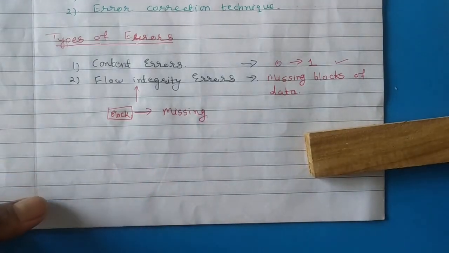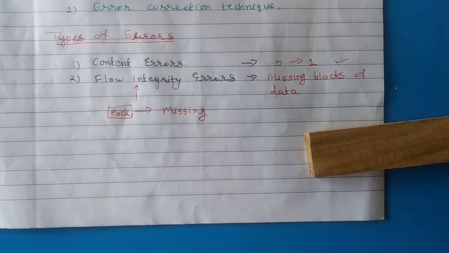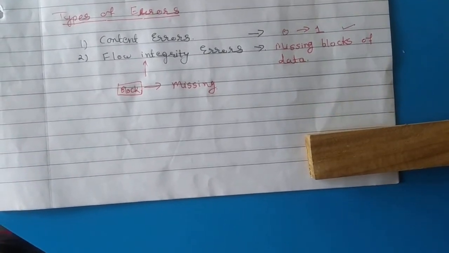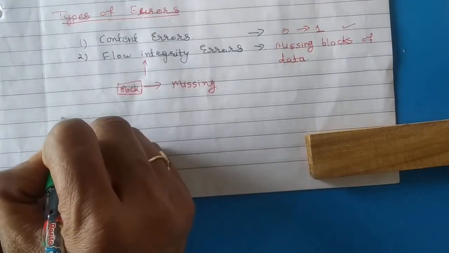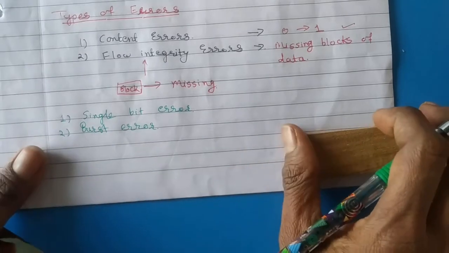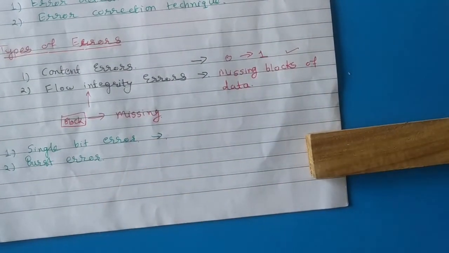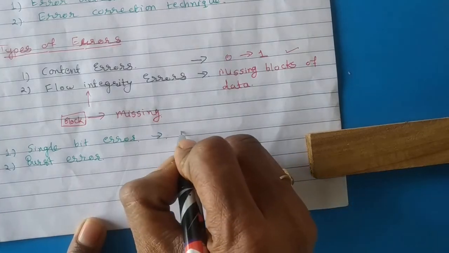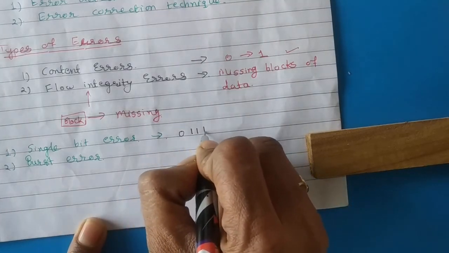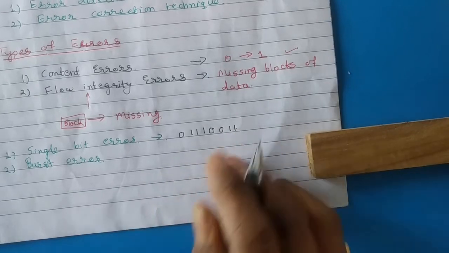Depending on the number of bits in error, we can also classify the errors in 2 types: single bit error or burst error. In single bit error, suppose we are transmitting 0 1 1 1 0 0 1 1.